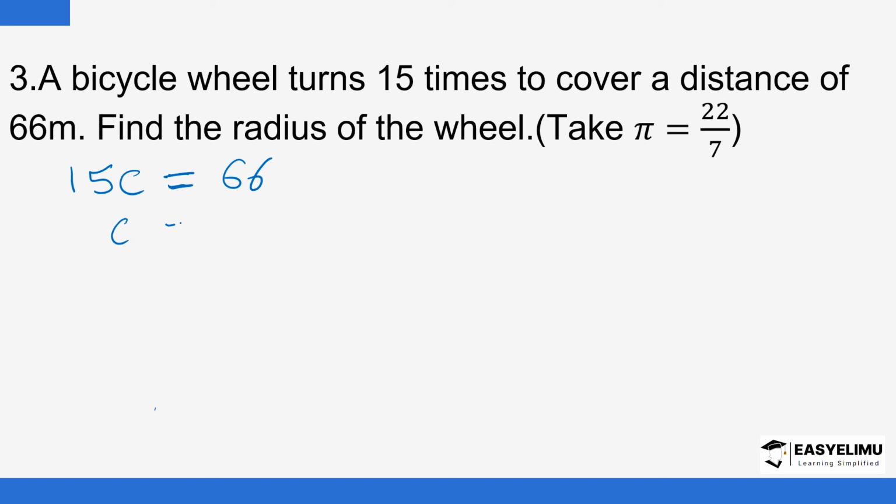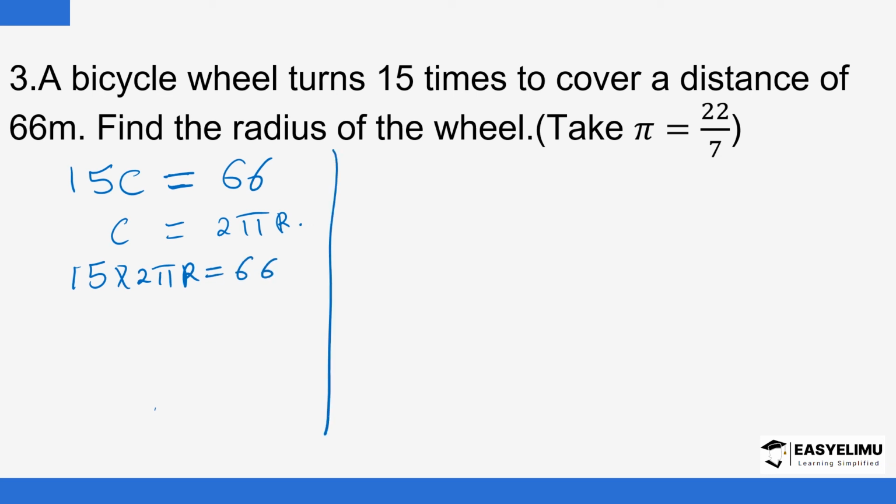But circumference is given by 2 pi r. So I'll substitute c for 2 pi r. So I have 15 times 2 pi r is equal to 66. So what you're looking for is the radius. So I'll substitute pi only because we are finding the radius. So 15 times 2 times 22 over 7, and then you multiply by r, this is equal to 66.